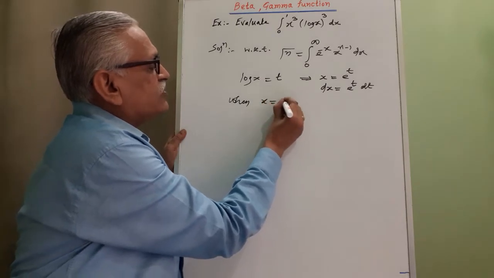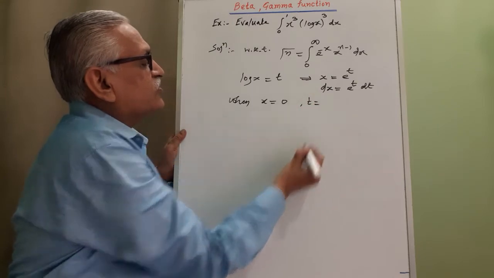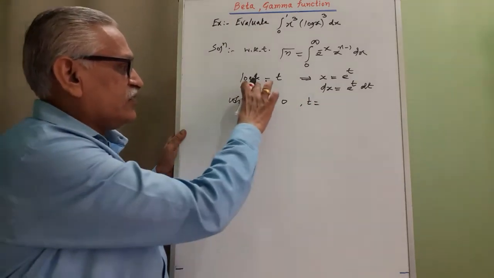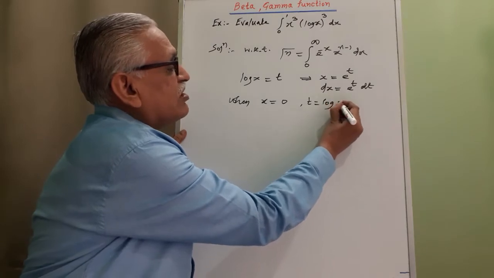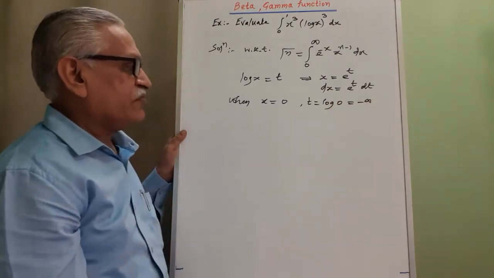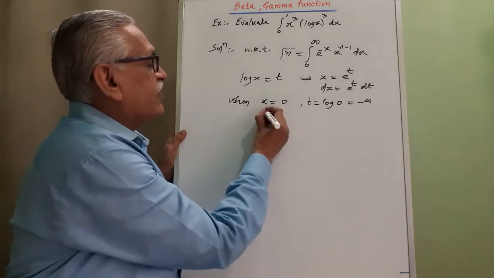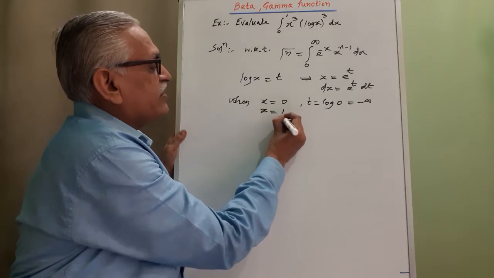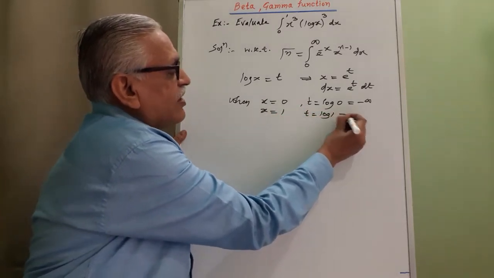When x is equal to 0, t is log of 0, and the value of log 0 is minus infinity. And when x is 1, t is log 1, and the value of log 1 is 0.